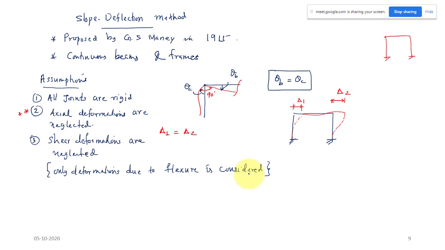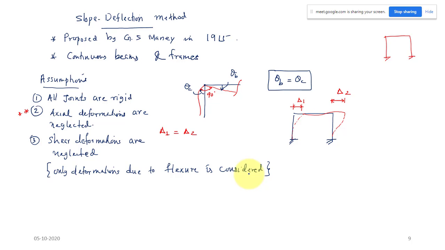Okay, slope deflection method, these are the assumptions. In the slope deflection method we are going to establish a relationship between the degrees of freedom and member end moments. We will form equations, and those we will use in the equilibrium equation. Equilibrium equation you must remember: at joints all the moments should be 0.